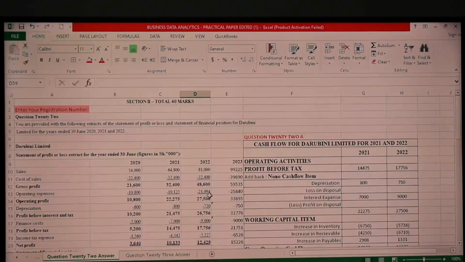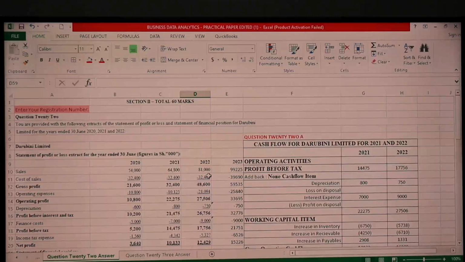I'm going to send the questions in the worksheet. Then you go and attempt question 24. That is another cash flow. Now you can try do it on your own. In case you have questions, you can always raise them so that we can discuss them together.